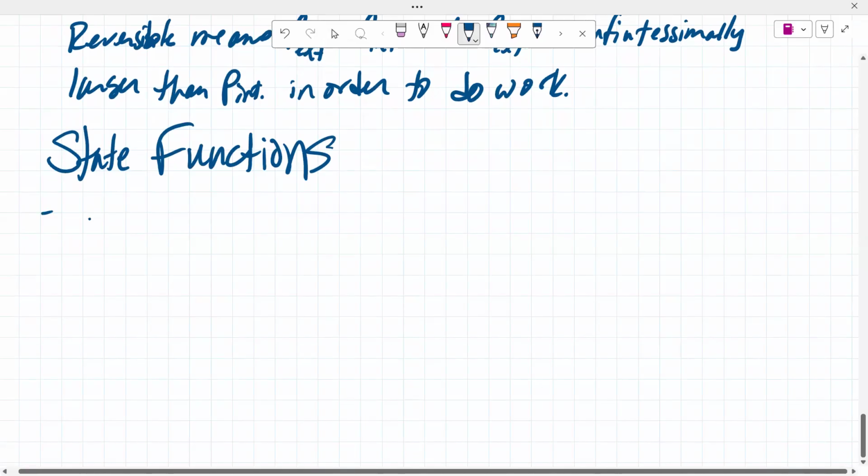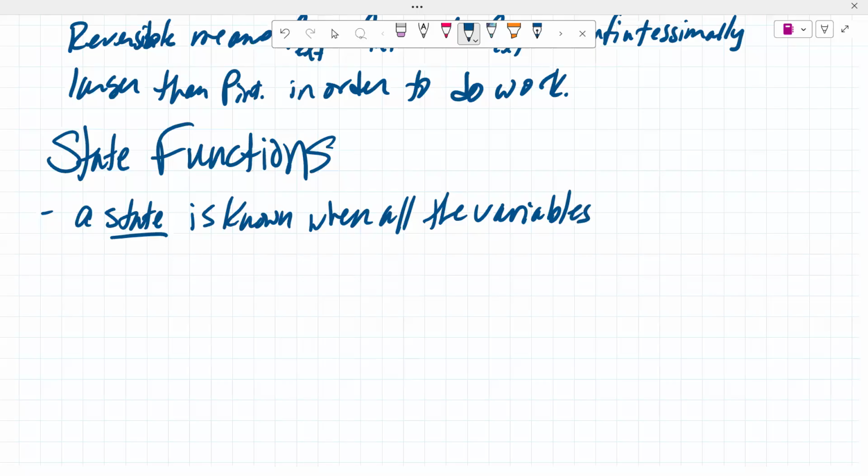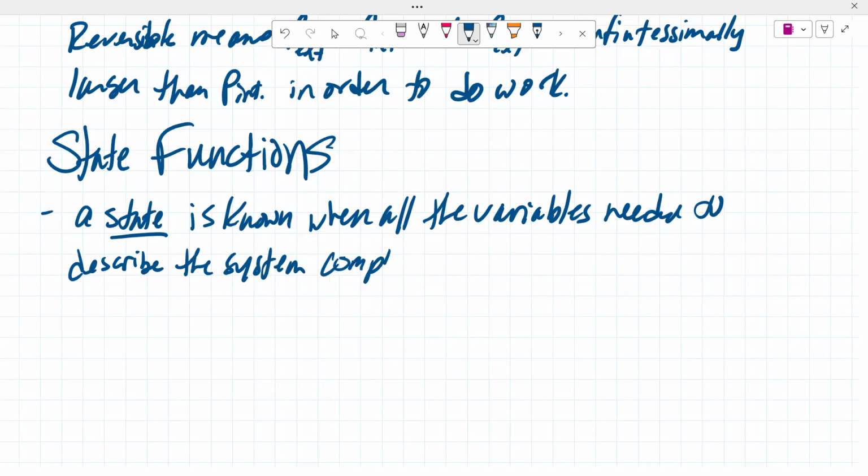A state is known when all the variables to describe the system completely have known values.